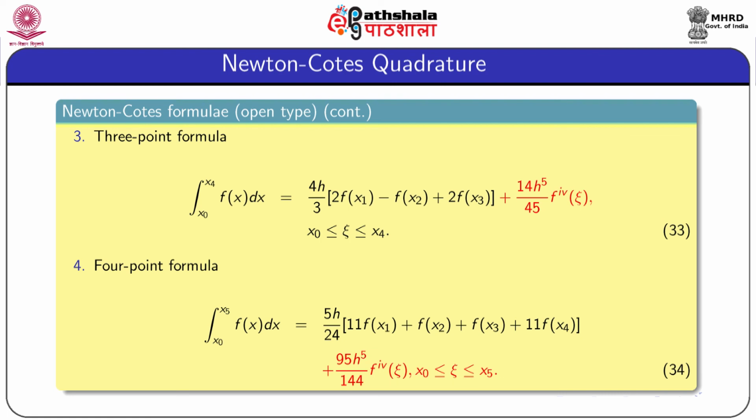And this is the 4-point open formula, which also gives the exact result for an integrand f(x) that is a polynomial of degree up to 3, because the error term involves the fourth derivative. So these are the 4 Newton-Cotes quadrature formulas, and these formulas are called the open type formulas.